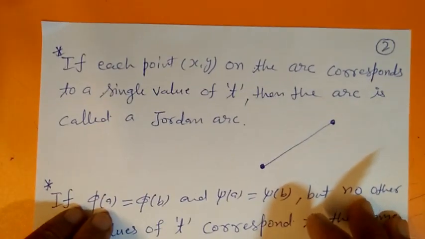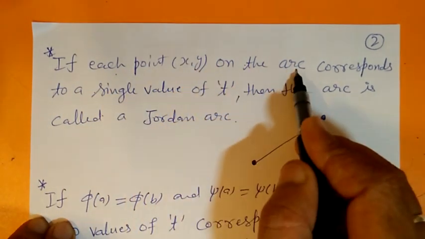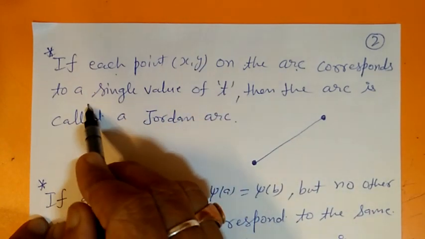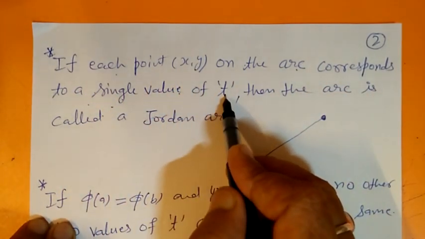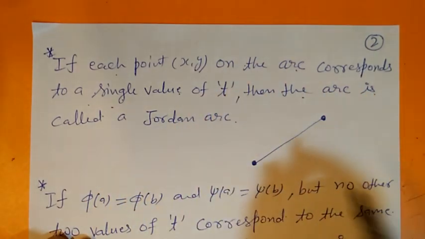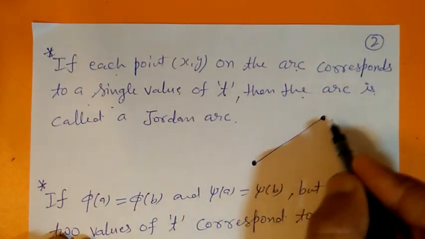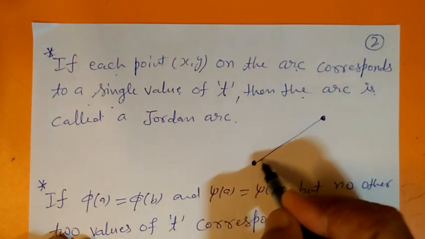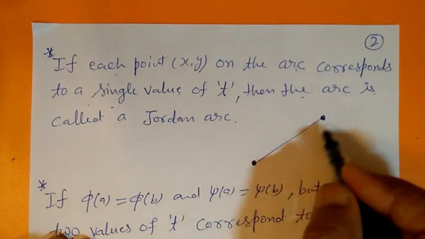Second point, if each point (x, y) on the arc corresponds to a single value of the parameter t, then the arc is called a Jordan arc. Say these are two points, and these two points are joined with an arc, and this arc is known as the Jordan arc.